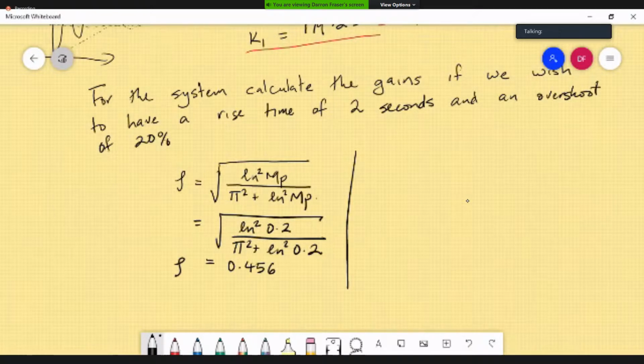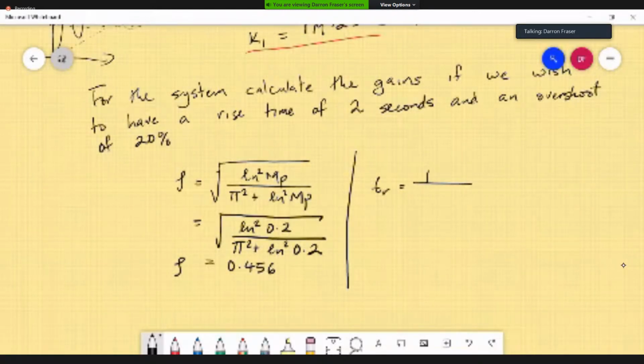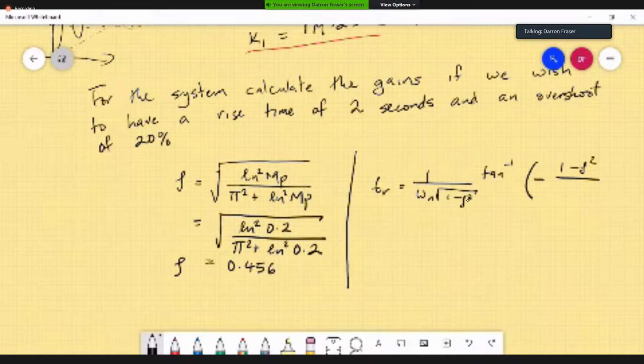Our rise time is 1 over omega n times the square root of 1 minus damping ratio squared, times tan inverse of minus the square root of 1 minus damping ratio squared over the damping ratio. Now we want omega n.